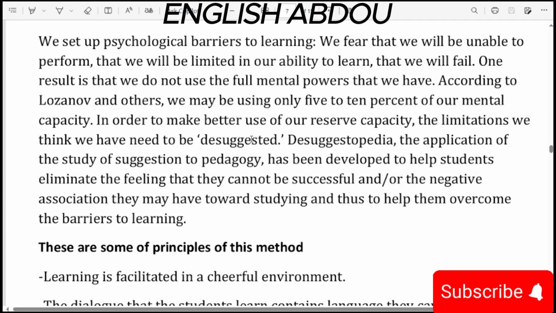After the first 5 minutes, our attention flies, okay? According to Lozanov and others, we might be using only 5 to 10% of our mental capacity, in order to make better use of our reserve capacity.